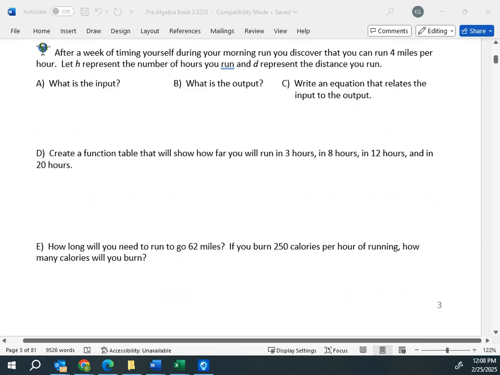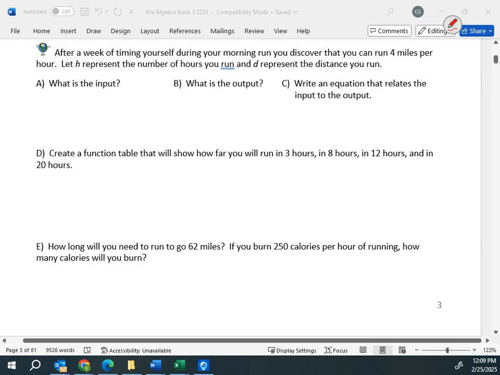Okay, so what are we going to put into our equation? So we are running 4 miles per hour. What is it that we're choosing? We're choosing the number of hours you run, right? So that's what we're choosing.